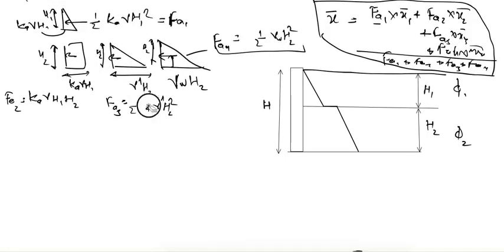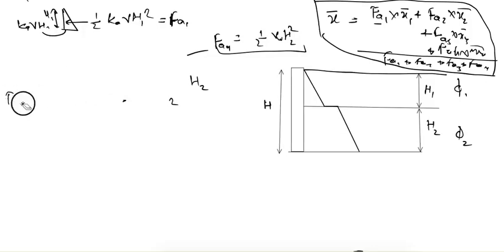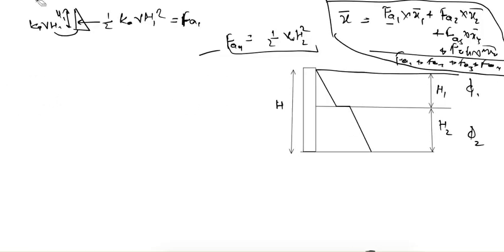Let's see the next case, that is when two different soils are there behind the wall. This soil has angle of internal friction phi1 and this one phi2. This depth is h1 and this is h2. So let's write in this zone first.